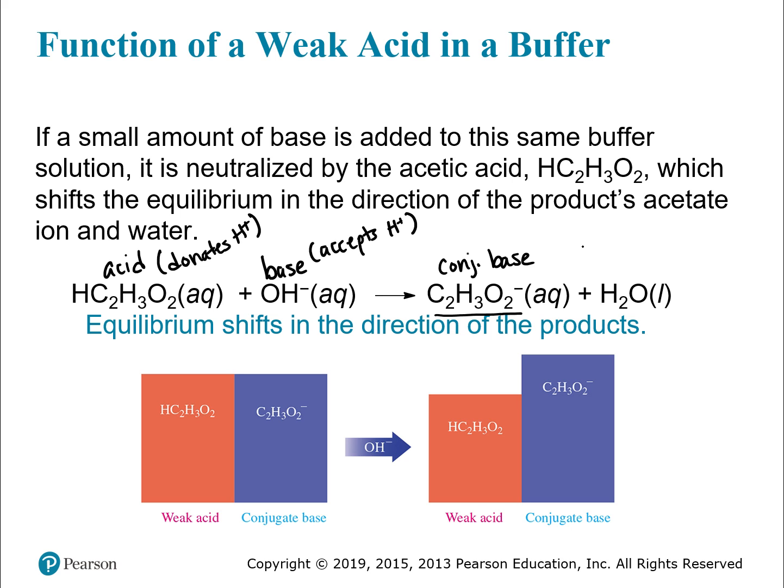When we do that, we change the balance a little bit of the buffer to where we now have more conjugate base than we do the acid. It's still a buffer, it's okay, but that's what happens when you take a buffer and add a little bit of base.